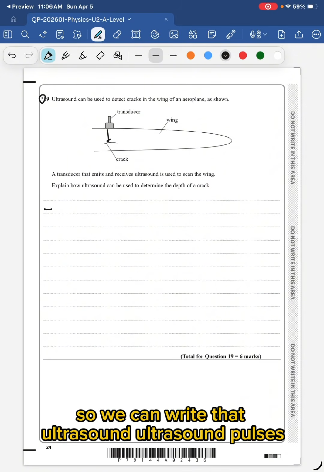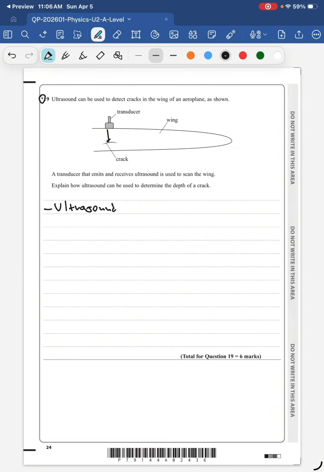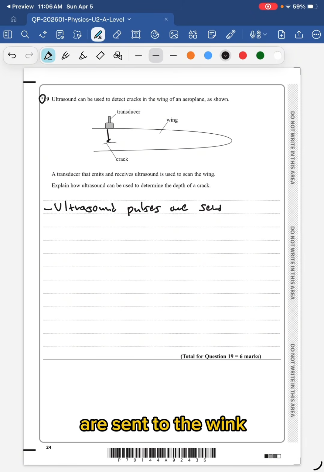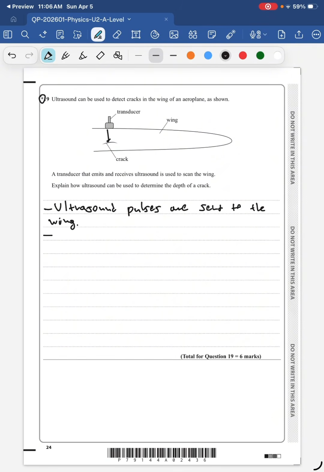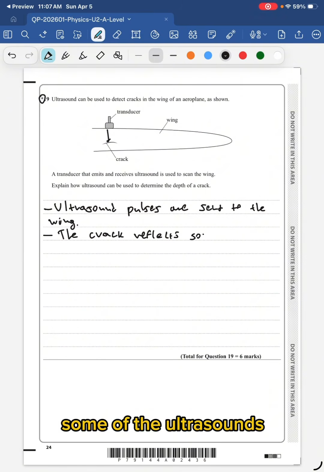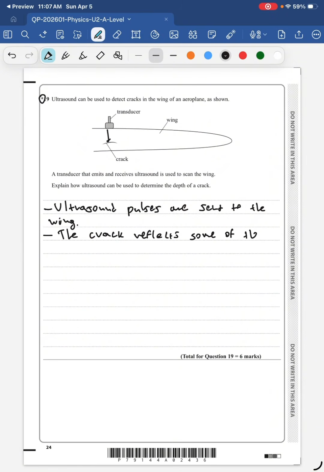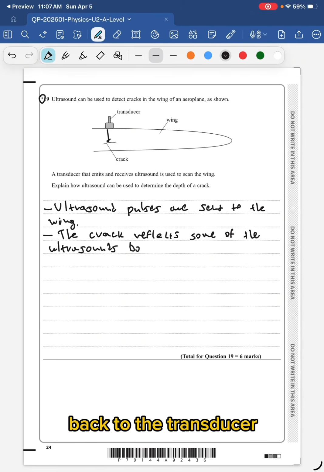So we can write that ultrasound pulses are sent to the wing. The crack reflects some of the ultrasound back to the transducer.